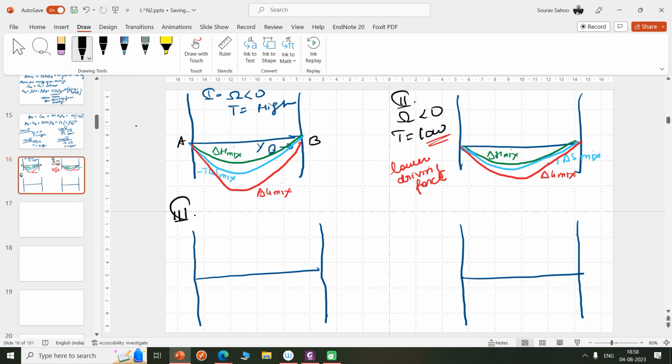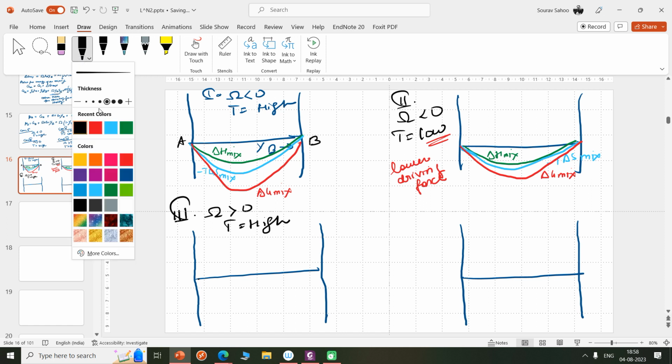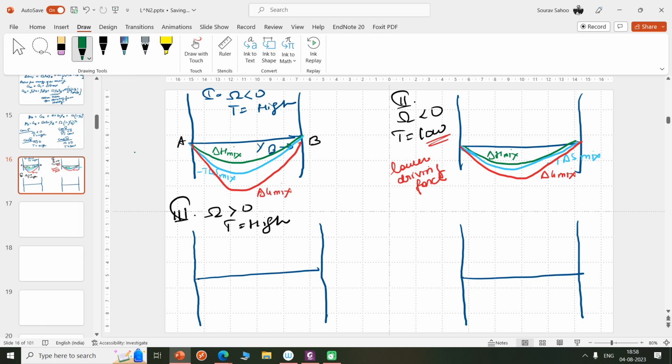my omega is positive and temperature is high. Okay. So if my omega is positive and temperature is high, omega is positive, that straight away tells us that my curvature of my enthalpy should be positive. Because omega is greater than 0, E is greater than 0, so AB bonds are not very much favored, right?